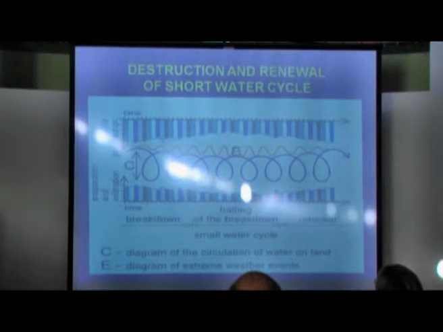Which means we start with infiltration, support vapor water to the atmosphere, and increase the balance of small water cycles everywhere, and stop open seasons but close the seasons.